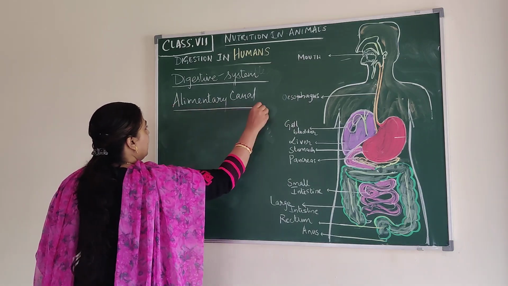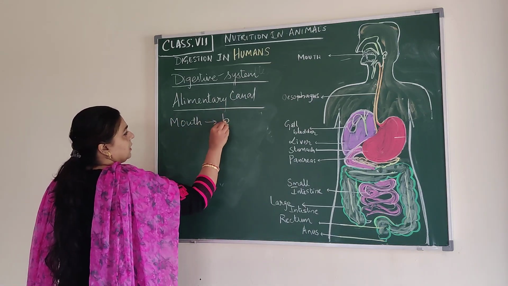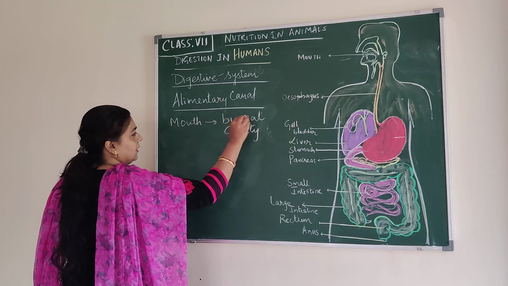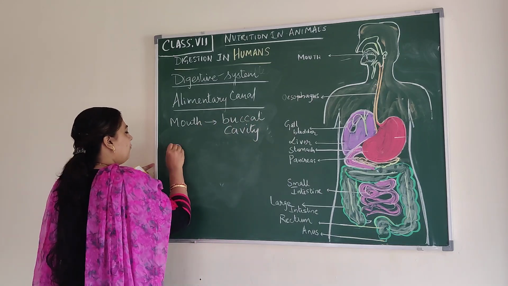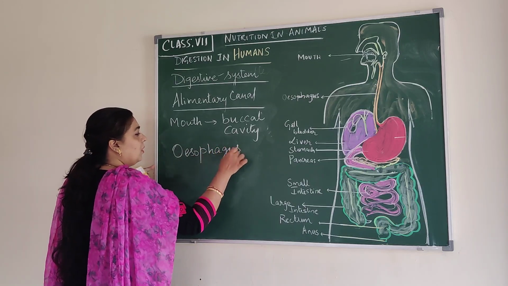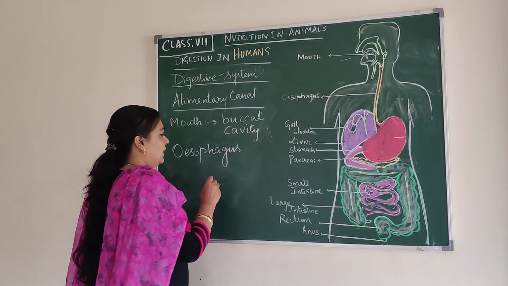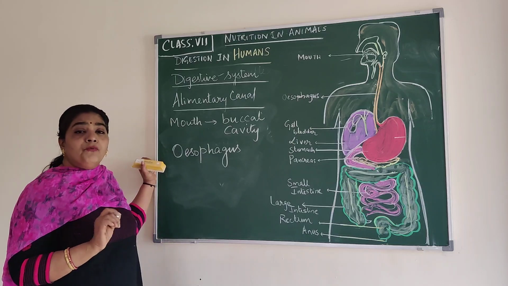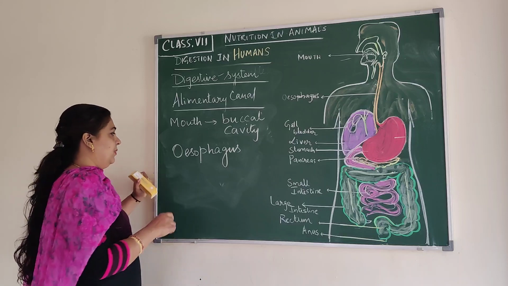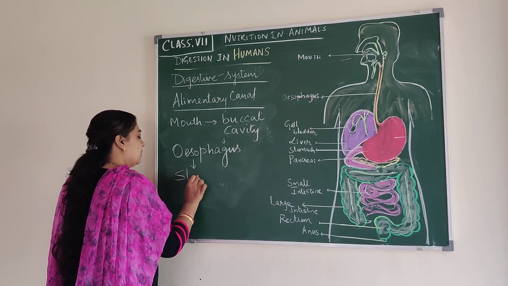As I told, in the alimentary canal, the mouth leads to the buccal cavity. After the buccal cavity, we have a long pipe called the esophagus, otherwise termed the food pipe. Then, after the esophagus, the stomach.